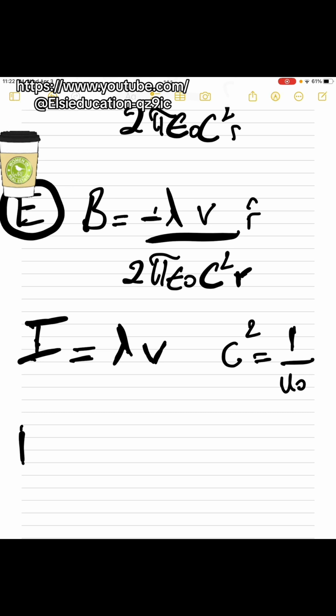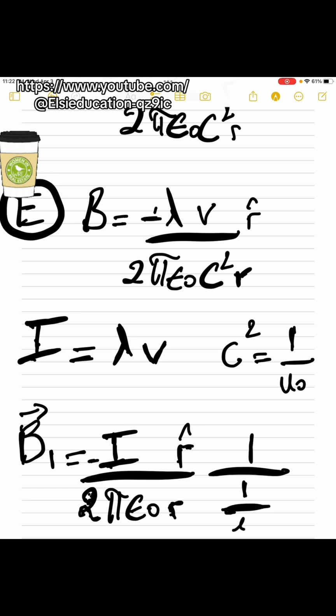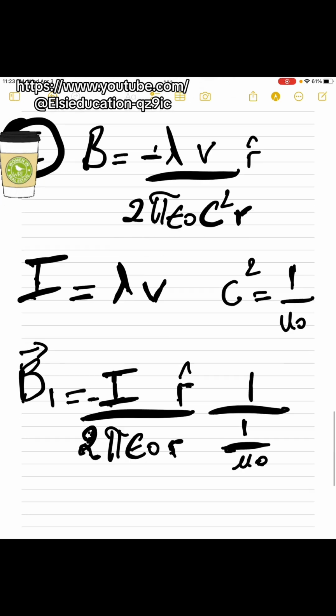So the magnetic field will be equal to current divided by 2 pi r, multiplied by the distance divided by the radius, then the c square is going to be equal to 1 divided by the constant.